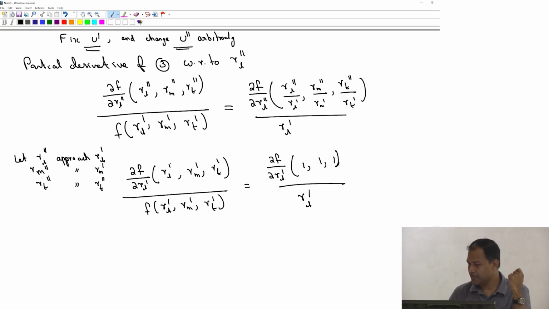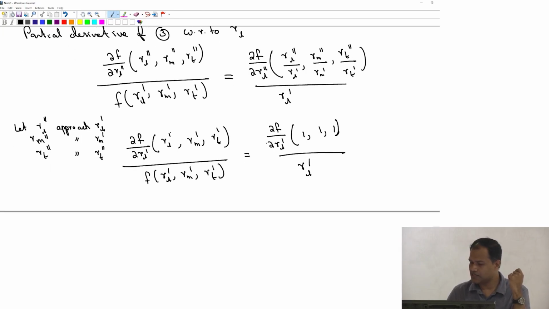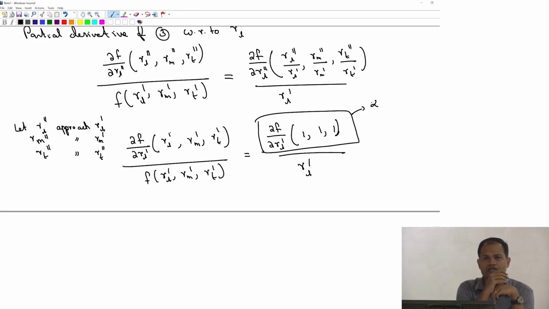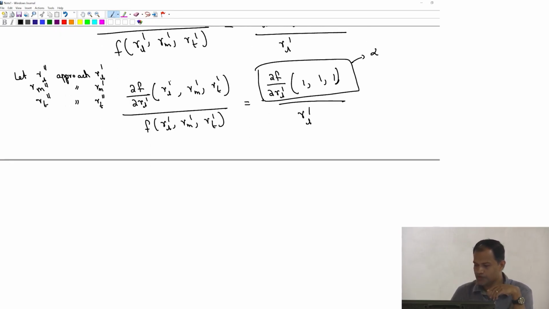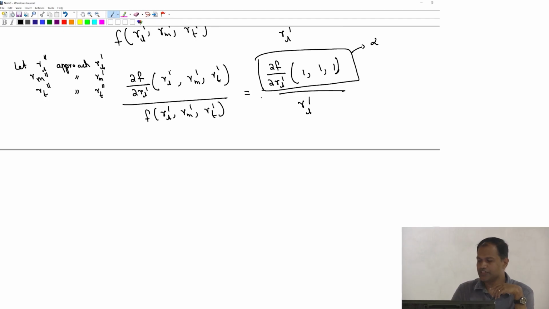Okay, so that's what we ended up with. If you look at this, this is some derivative evaluated at a constant. I'll just call that alpha for convenience. Also, this is really a function of primed variables. I'll just drop the primes from now onwards.